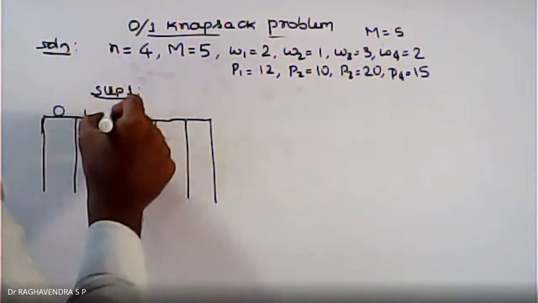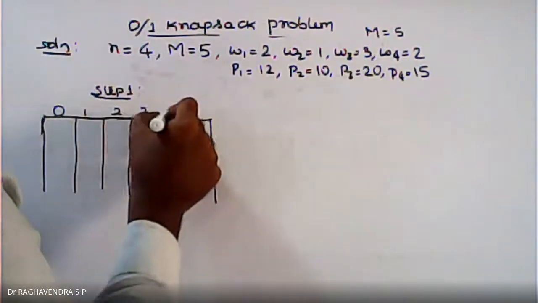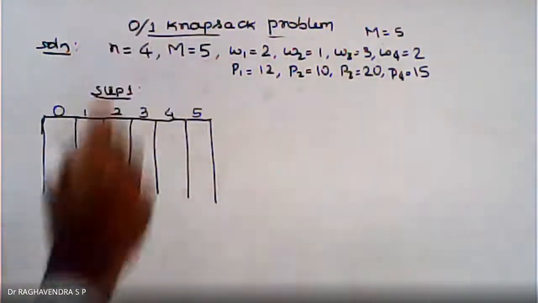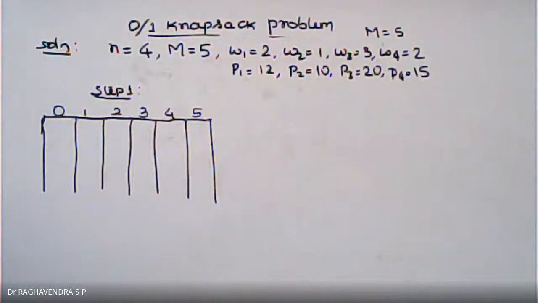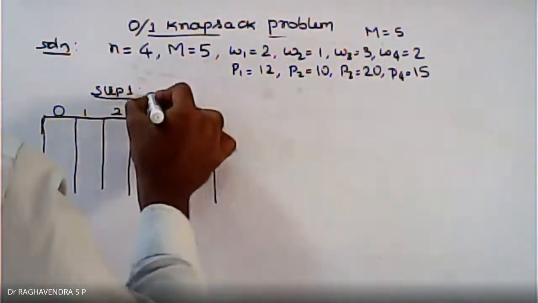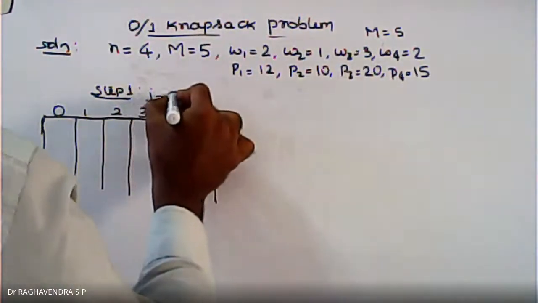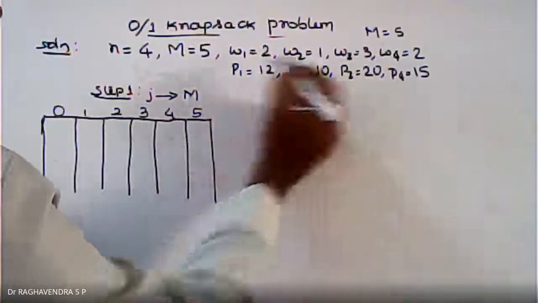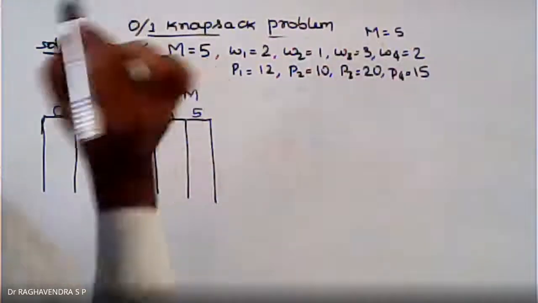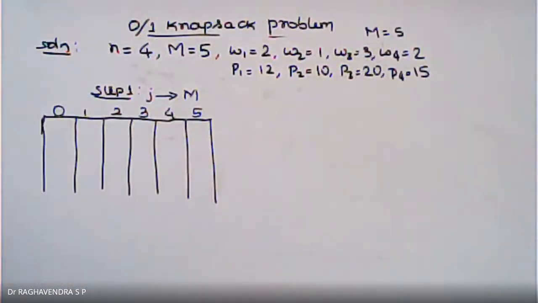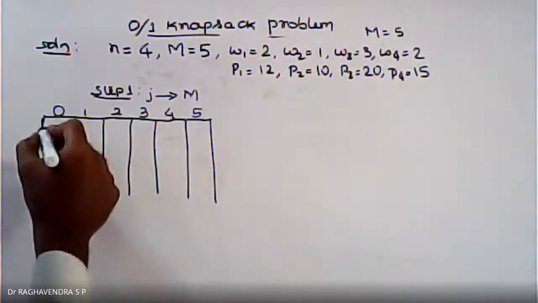So this is the zeroth column, this is the first column, second column, third column, fourth column, fifth column. Okay, so this represents some weights, up to capital M, because capital M is 5. Then the rows will be taken now.